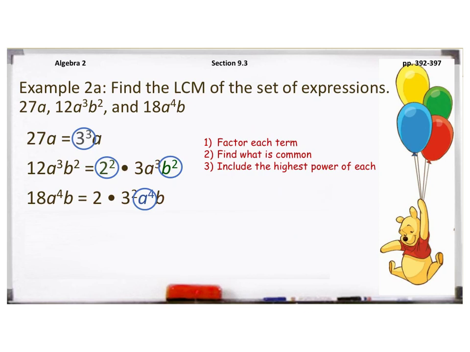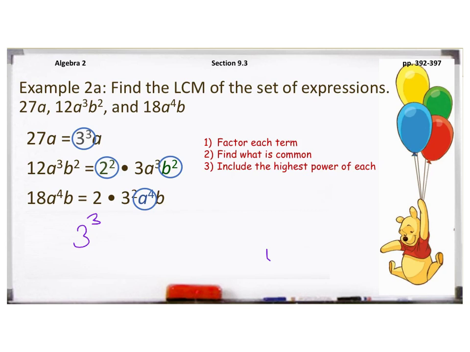Okay, so we're looking for a lowest common multiple. The smallest number that is a multiple of each of these. In other words, these are all factors of the smallest number. So when I get them all factored out like this, 27 being 3 cubed is my highest number of 3s. So I have 3 cubed.